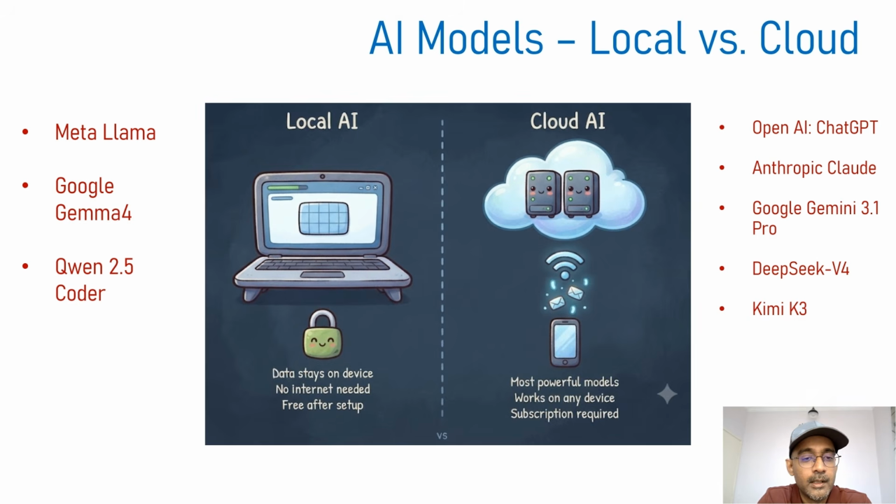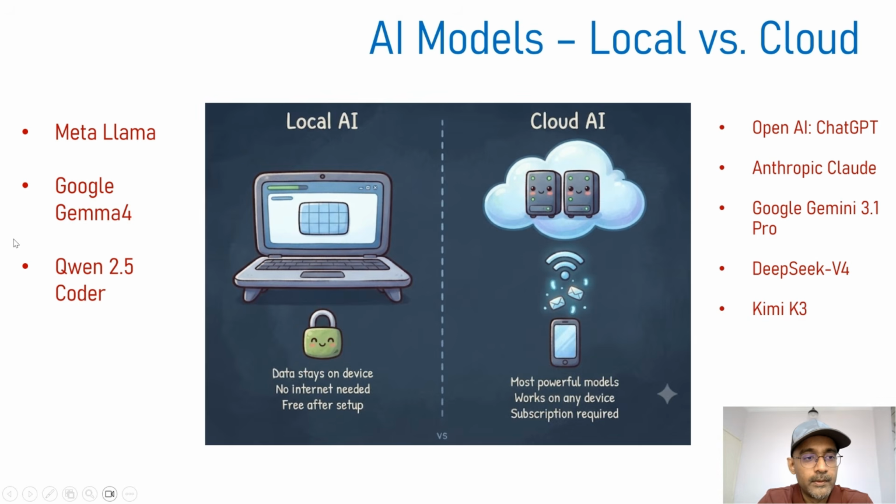There are actually AI models that can work in your phone as well, but very basic ones. There are models that can work in your laptop, medium range, and also models that can work in high spec computers. These AI models can work without internet, and they're free to use because they're open source, open weight.